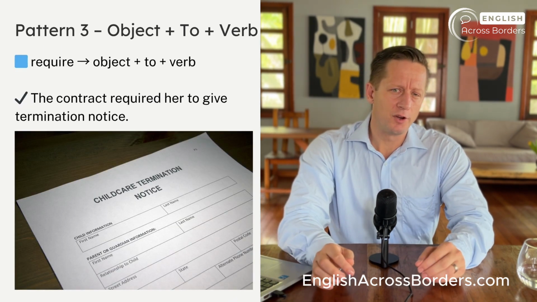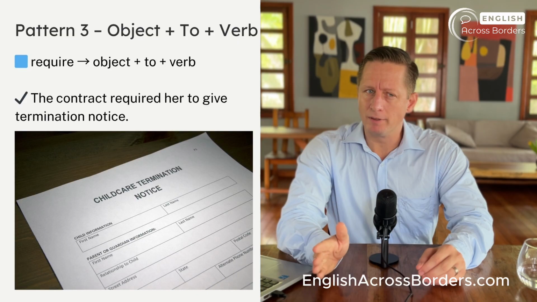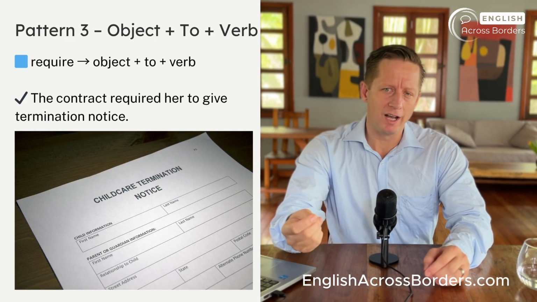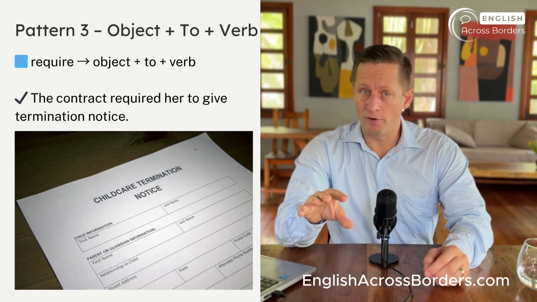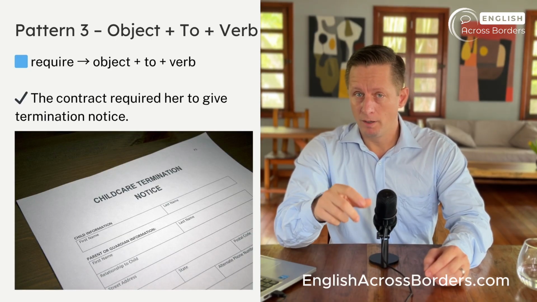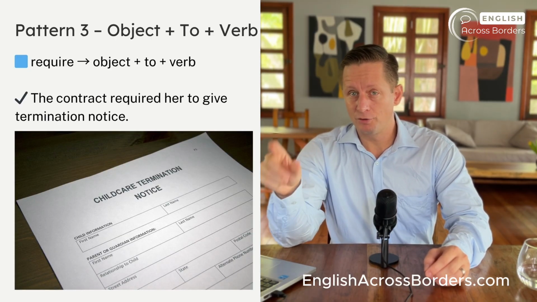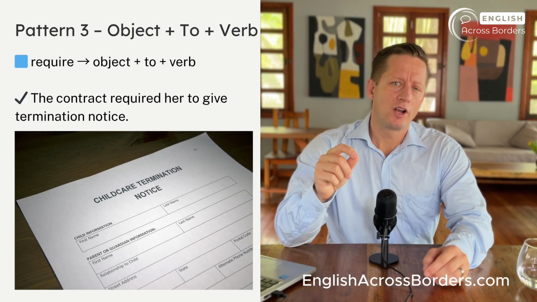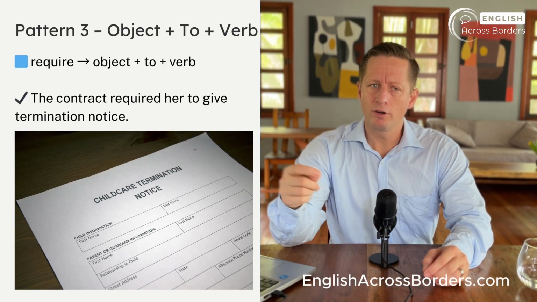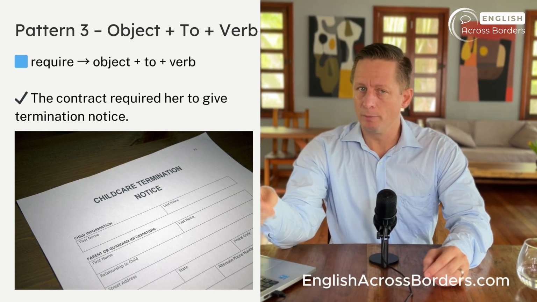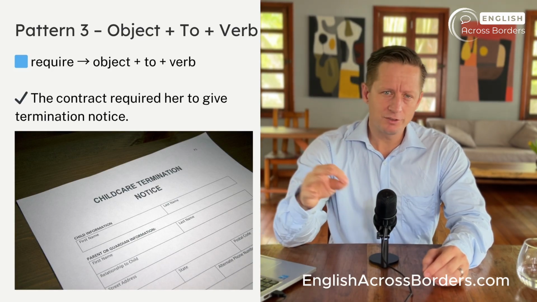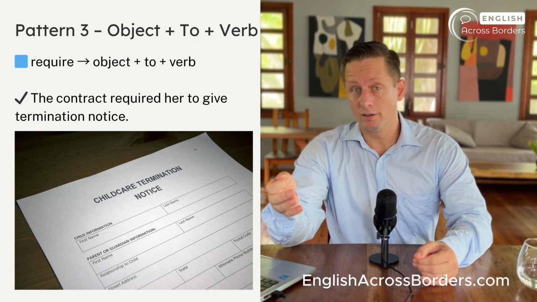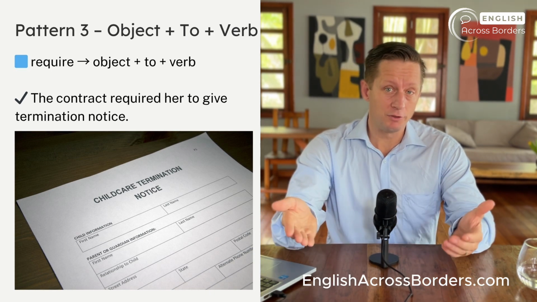Now, here's another pattern that's especially common in legal writing. Verbs like require, advise, or allow often follow this format. Verb plus object plus to plus verb. For example, the contract required her to give termination notice. See that structure? The verb is required, the object is her, and the action is to give notice.